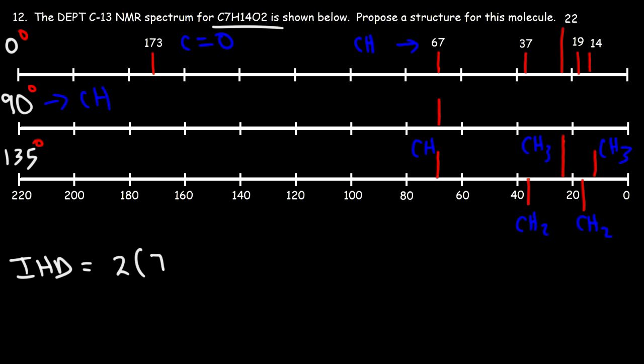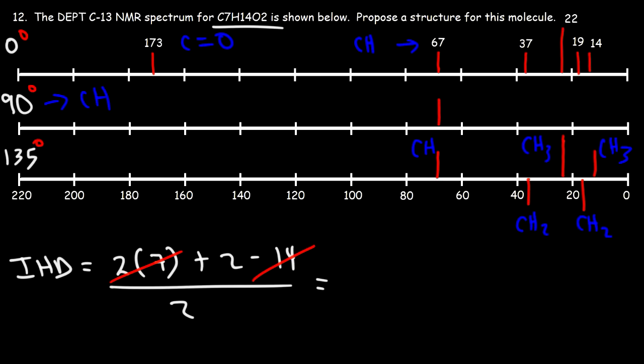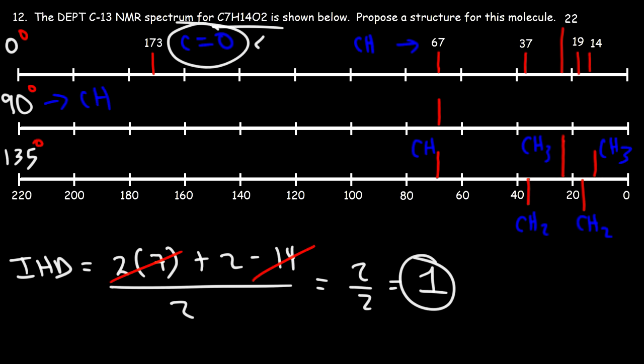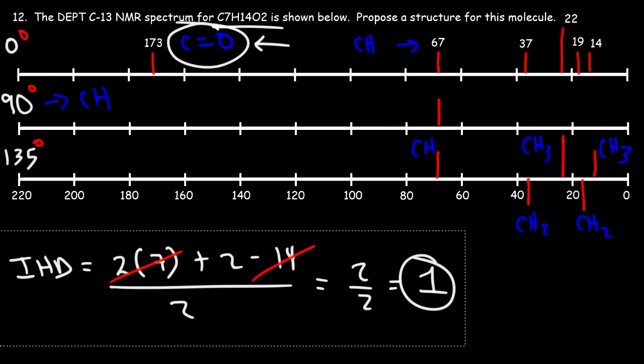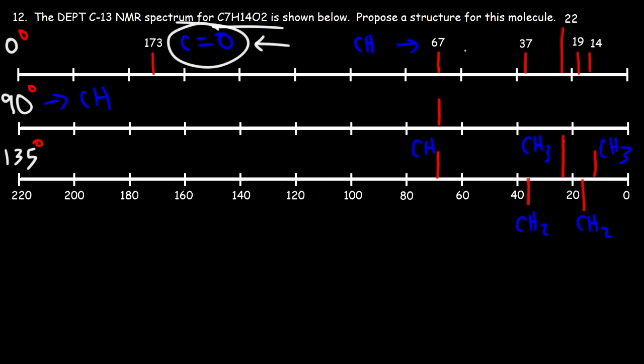So it's going to be (2n plus 2 minus 14) divided by 2, where n is 7, and there's 14 hydrogen atoms. 2 times 7 is 14, which cancels with the negative 14. And so we have 2 divided by 2 left over, giving us an IHD of 1. So we have either one double bond or one ring. And automatically we see that we already have a double bond here. So there's no room for a triple bond, which means this has to correspond to a CO signal.